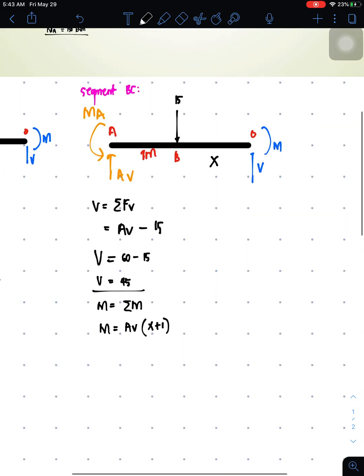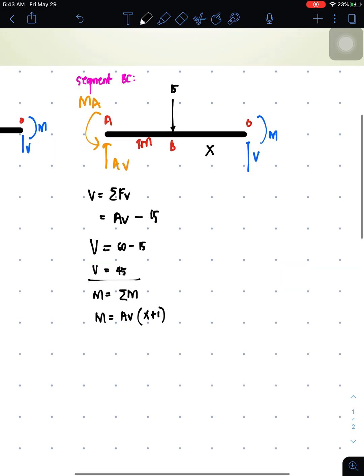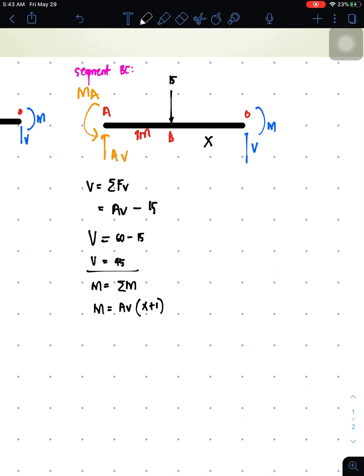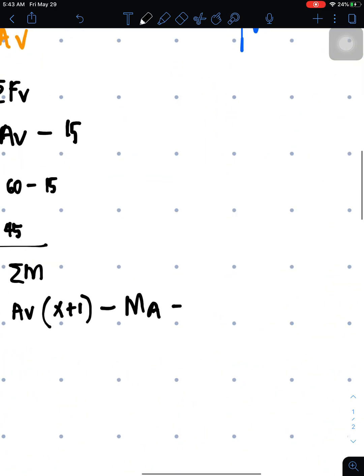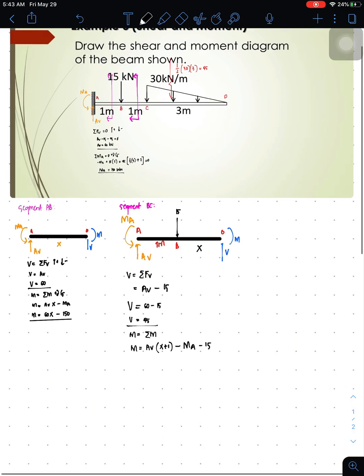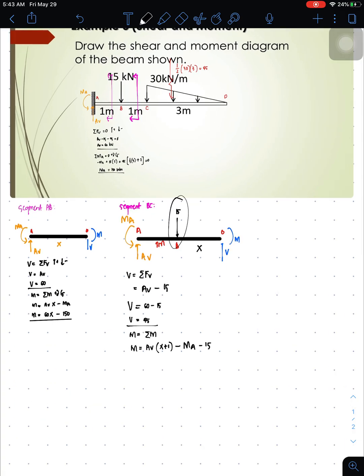Next, you have minus MA, no? Then of course there is no moment arm, it's already a moment. And minus 15, no? This one, rotation counterclockwise, so it's minus, and then moment arm is x.